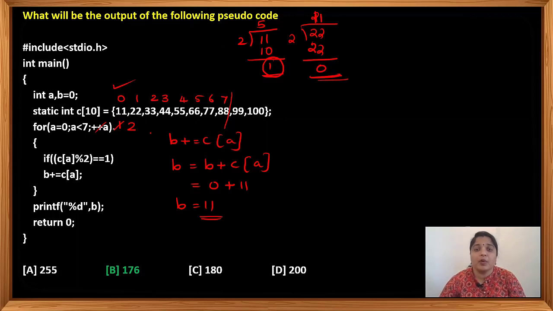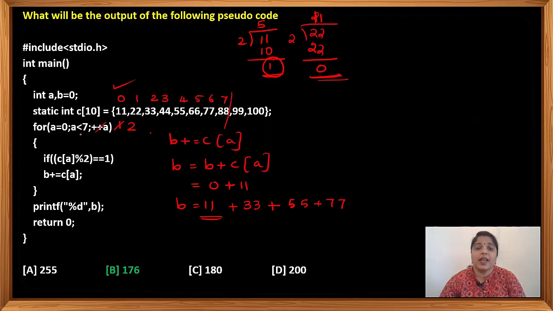Any odd number mod 2 will be equal to 1. So that gets added to your 11, 33. Similarly, going on like this, 11 plus 33 plus 55 plus 77. After that, 88 is there. 99 will not be evaluated because the end of the for loop is reached.